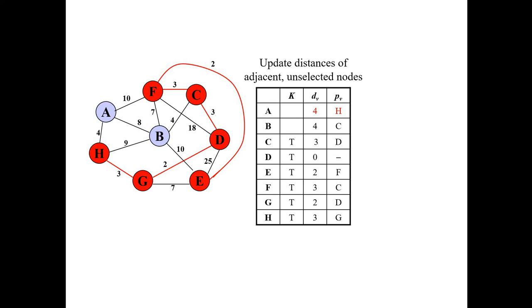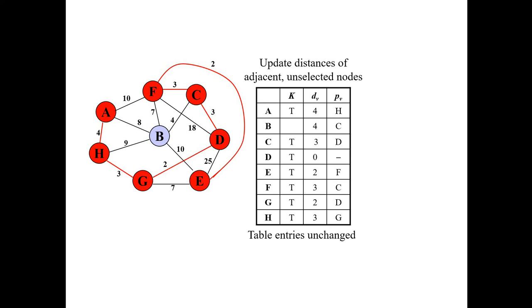Distance between H and A is 4. It has been updated here in the red color. Now select node with the minimum distance. So 4. I think one node is left now. All the nodes we have visited, because we have to visit a single node at once.